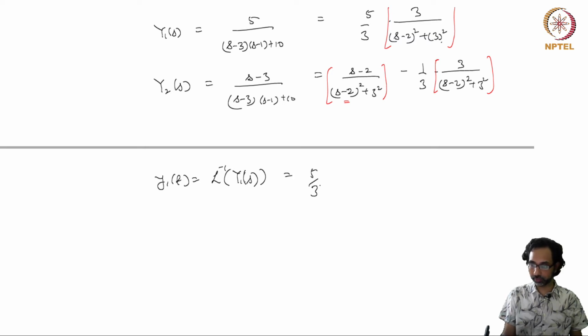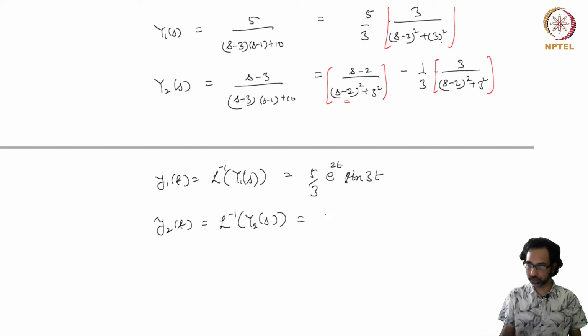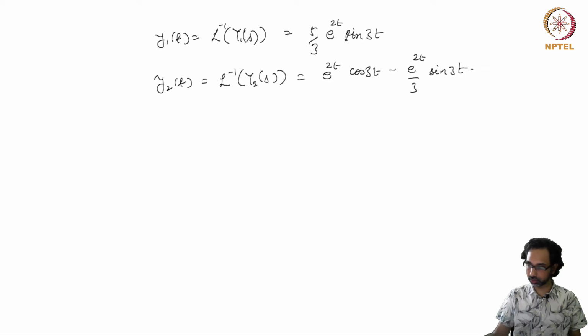This is equal to 5 by 3 e to the power 2t sine of 3t, and y2(t) equals the L inverse of Y2(s), this is e to the power 2t cos 3t minus e to the power 2t by 3 sine 3t. So this is our solution.